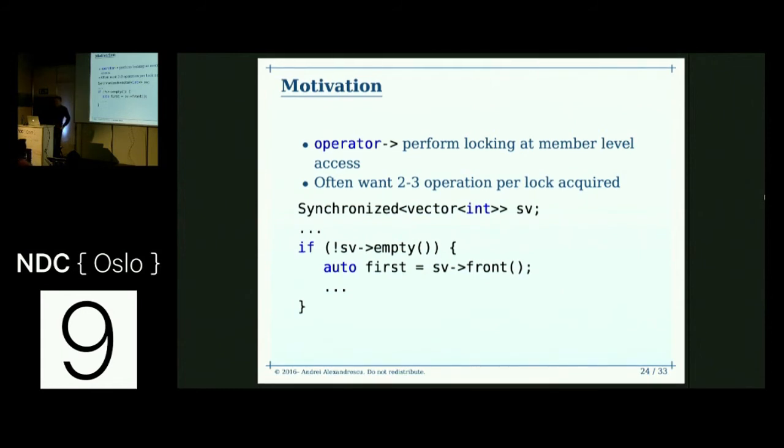So, here's the thing. I'm going to do something stupid. Here's something stupid I'm going to do. Who can spot the huge mistake I'm making here? Yes, please. Yeah, this is kind of a rookie mistake. So SV is like a synchronized vector, right?